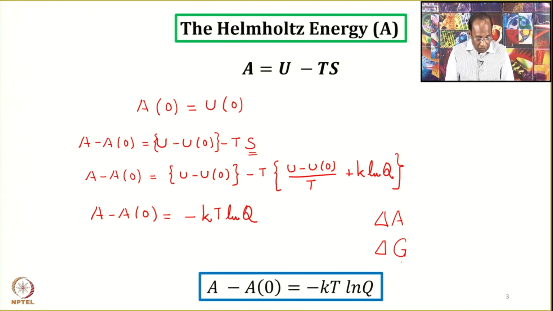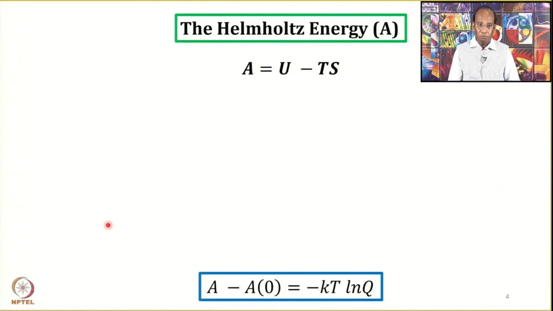Whereas delta G is a measure of maximum non-pressure volume work that you can extract from the system, just like an electrical work. Any changes in the value of A can give you information about the maximum work that a system can do. That is the significance of Helmholtz energy or the changes in Helmholtz energy.